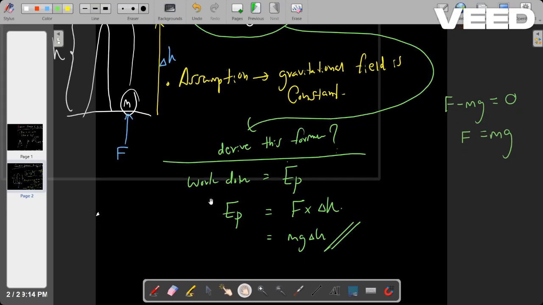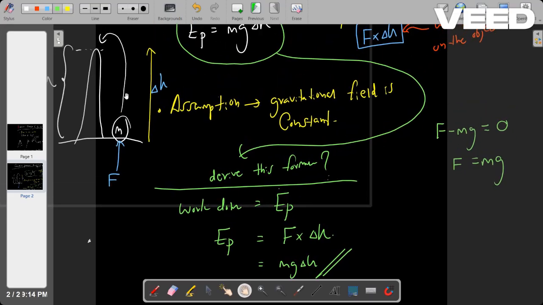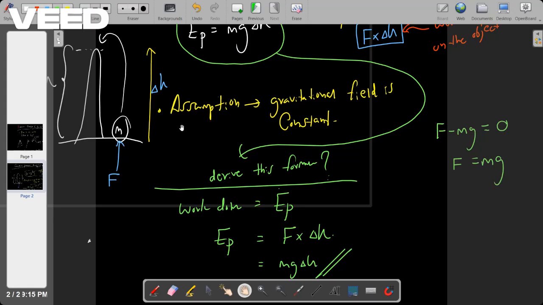The assumption is about the gravitational field at these lower distances. So we are assuming this distance is very low. Now remember, on the planetary cosmic scale, even 100 meters is considered a little distance.